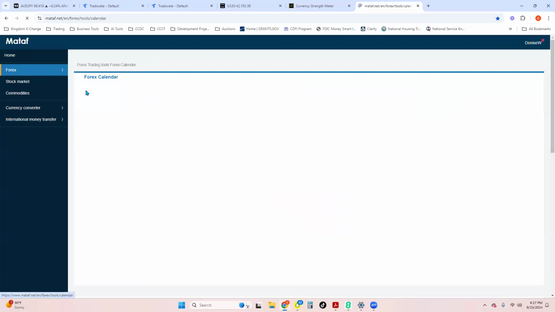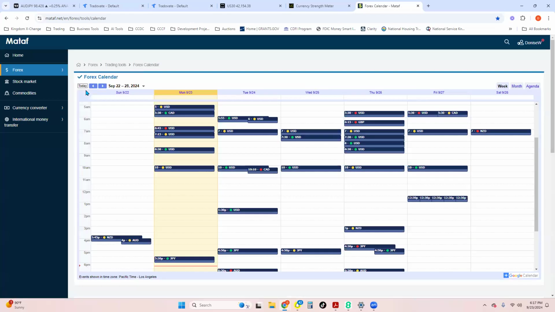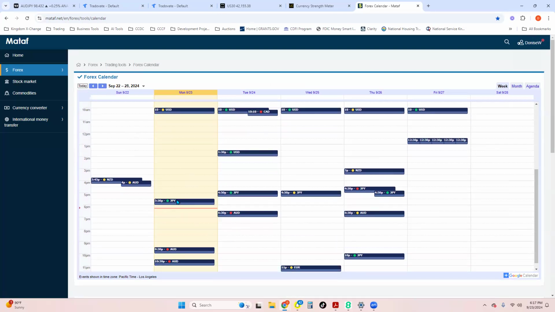I like their calendar better than Forex Factory. The reason being, especially if you start trading pairs, say you want to trade GBP when it has news, or the major Forex pairs, or I want to trade JPY when it has news.